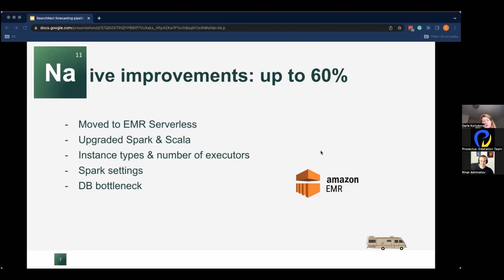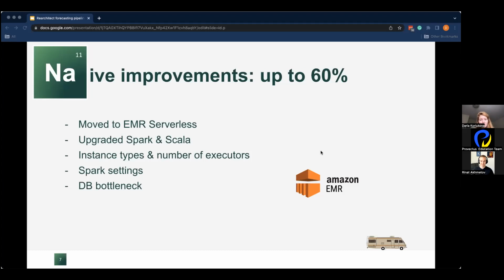But the limitation there was that EMR Serverless only starts from a specific version of EMR, Spark and Scala. So the first hands-on thing that we did was upgrade the Spark and Scala version of all the applications. And indeed, we got a really good boost in performance. Also, we optimized instance types, the number of executors, and tuned some of the Spark settings, but I'm not going to dive deeper into the details of what exactly they were.